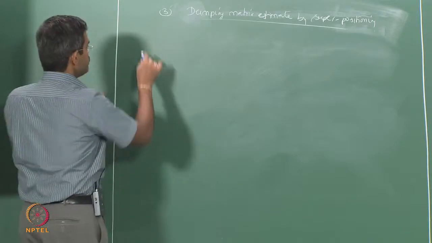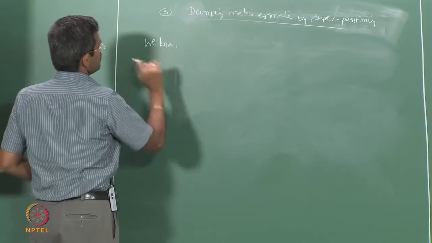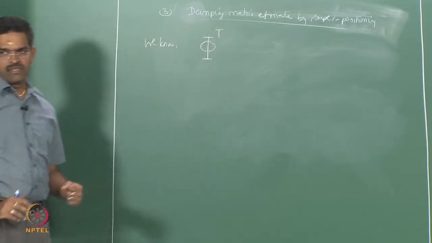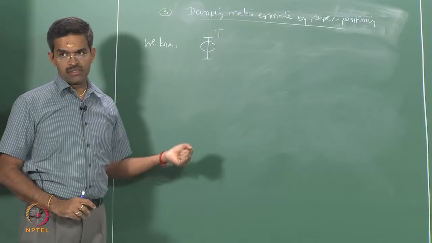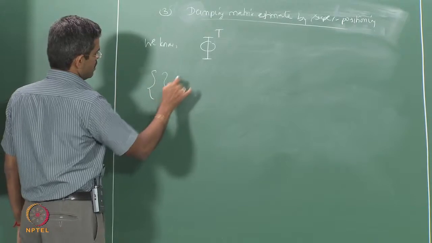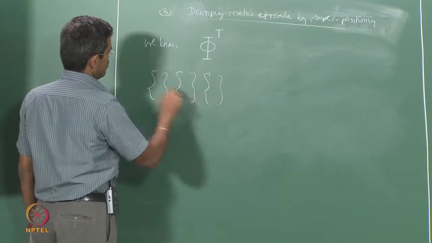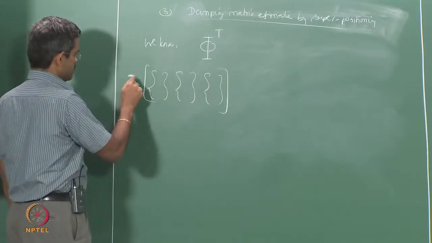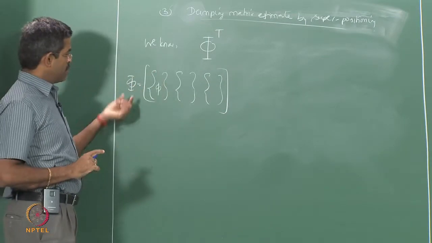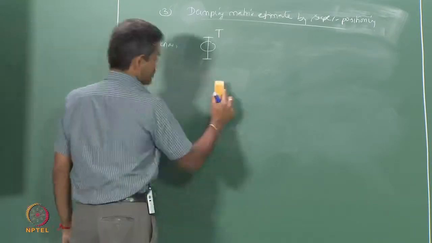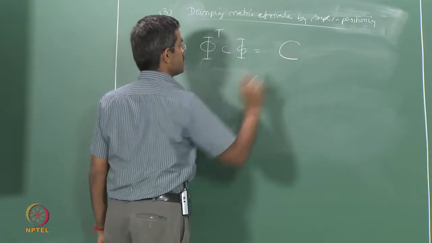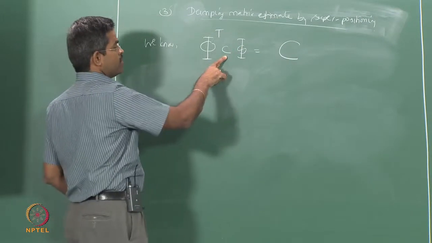Let us say we know phi transpose, where phi is a matrix, each column of phi consists of each eigenvector or mode shape. For example, it can be a phi matrix where each one of them is called small phi. Small phi indicates mode shape, whereas capital phi indicates a matrix. So phi transpose C phi is generally a C matrix. Please note, this is a coefficient, this is a full matrix.